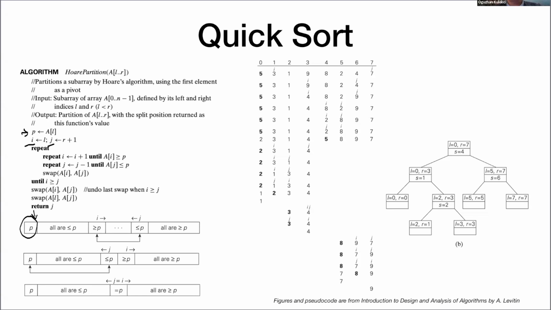Actually, initially it is rightmost plus 1. That is because I will start from the left and I will be looking for a position that is greater than or equal to P.